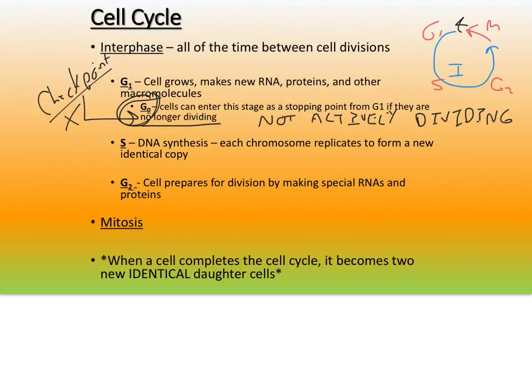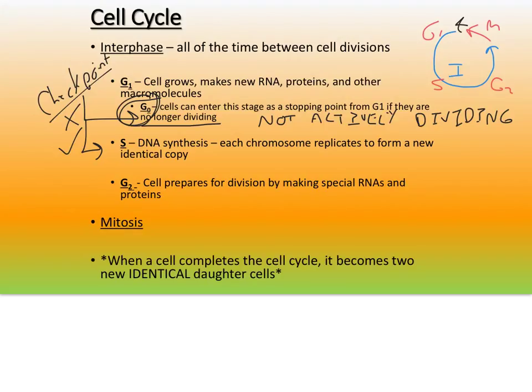Now, if we need them to, a lot of times we can call them back out of G0. We can make them actively divide if we have damage to an organ or something like that. But that's a discussion for another day. Now, if the cell doesn't go to G0, so if the cell does pass the checkpoint, so now I'll put a little check mark, okay, we did pass the checkpoint, then it will move on into S stage.